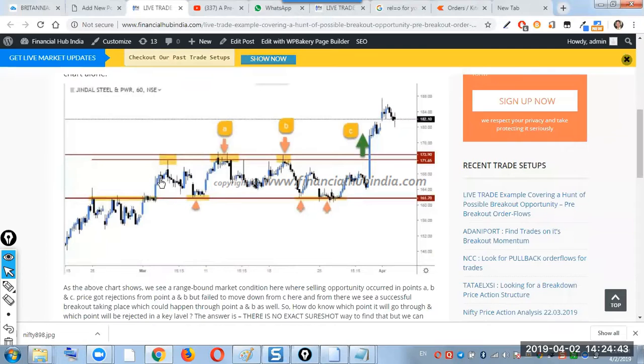Like in this example I've shown, you have these resistances and these support areas. There's a consolidation going on, so generally you always tend to sell the resistances and buy the supports. But there are some price action scenarios using which, with the order flows, momentums and the strength, you can predict a breakout and take the positions accordingly, right before it happens.